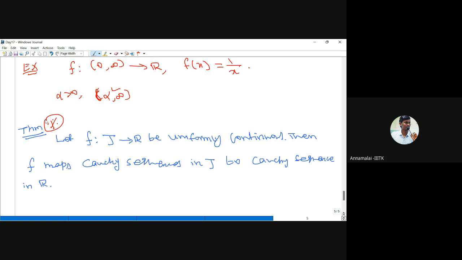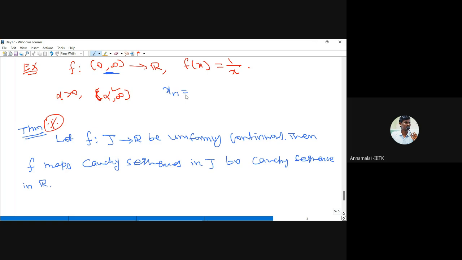In R, every Cauchy sequence is nothing but a convergent sequence. All convergent sequences are Cauchy, and all Cauchy sequences converge. Now, if we take this example, I'm going to take some Cauchy sequence xn. Can you give any Cauchy sequence? Actually, give any convergent sequence here.